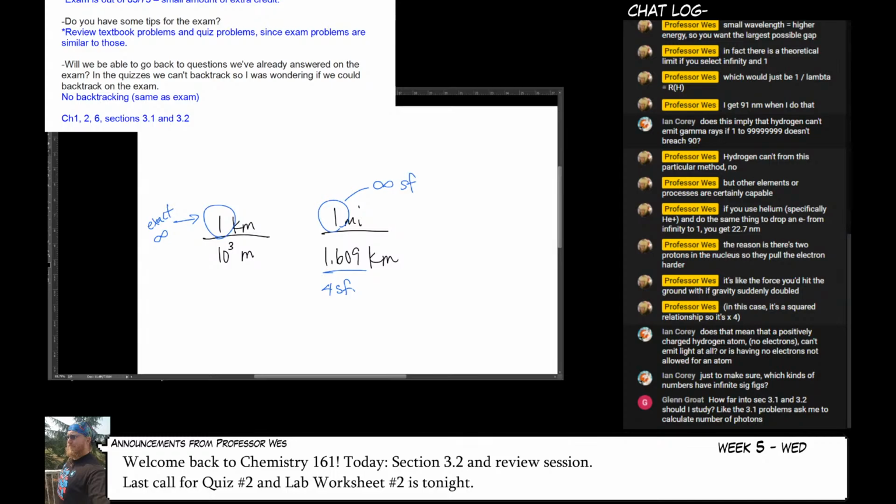How far into section 3.1 and 3.2? The entirety of those two sections is fair game. So, now, if we didn't do it in lecture, odds are I'm not going to have you do that on the exam. So, if there's a question asking you to calculate a number of photons, probably not going to come up on the exam.